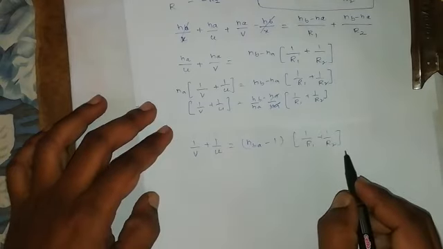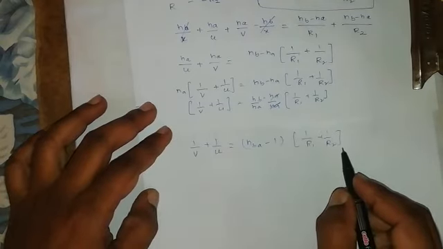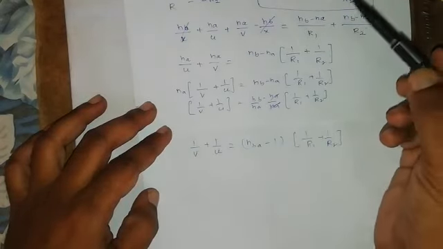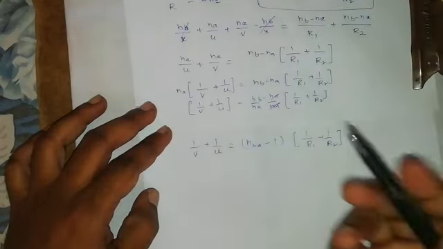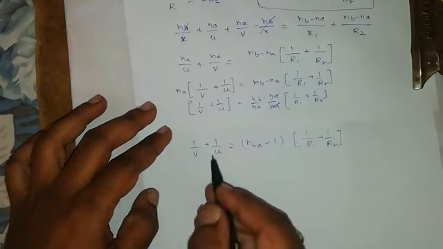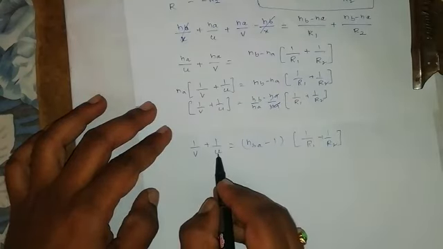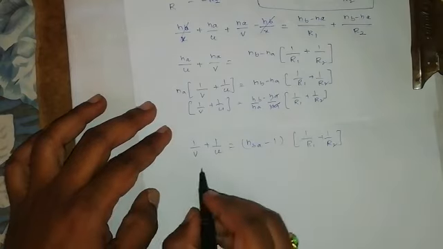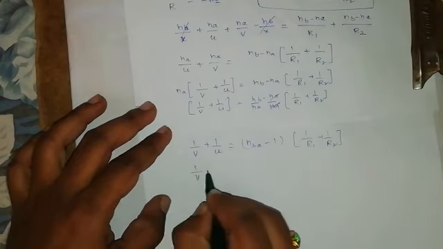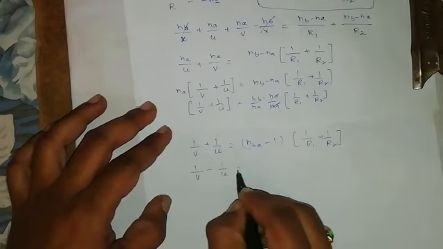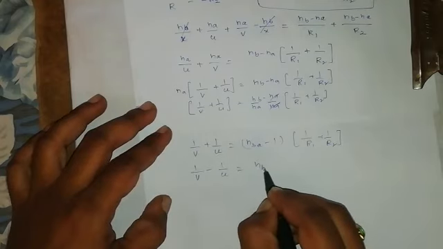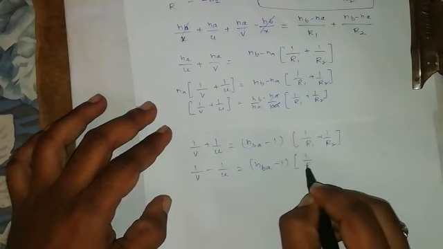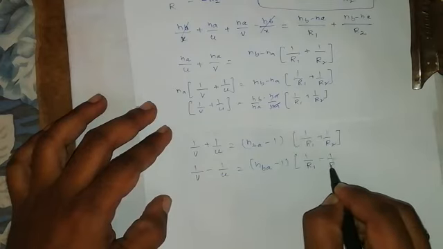So this equation is the lens maker formula, but here we have already taken the negative sign convention. If I take it in general, the object distance is minus and the radius of curvature r2 is also minus, then it becomes 1 by v minus 1 by u is equal to nba minus 1 into 1 by r1 minus 1 by r2.